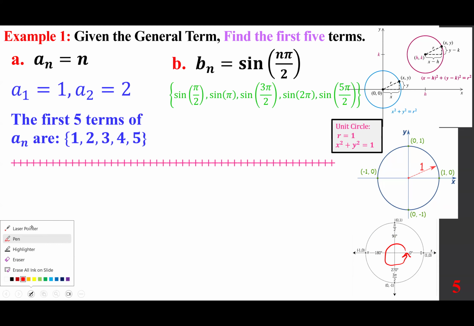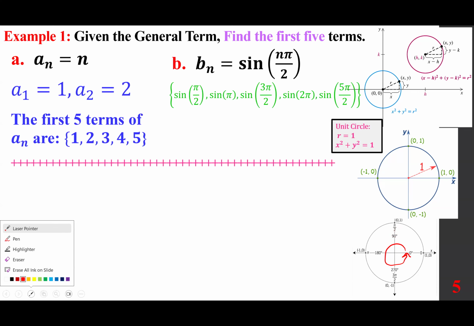And a complete revolution, 360 degrees, brings us back to 0 degrees. For example, 2 pi is the same as 0 in essence, as far as the location of the terminal side. 5 pi over 2 is 2 pi plus pi over 2. It puts us back at pi over 2.